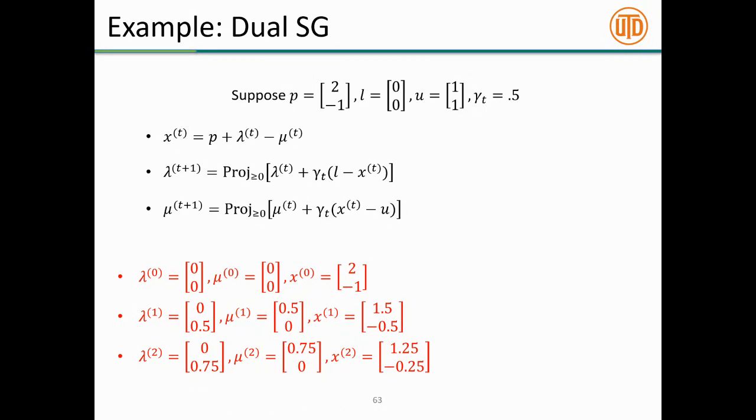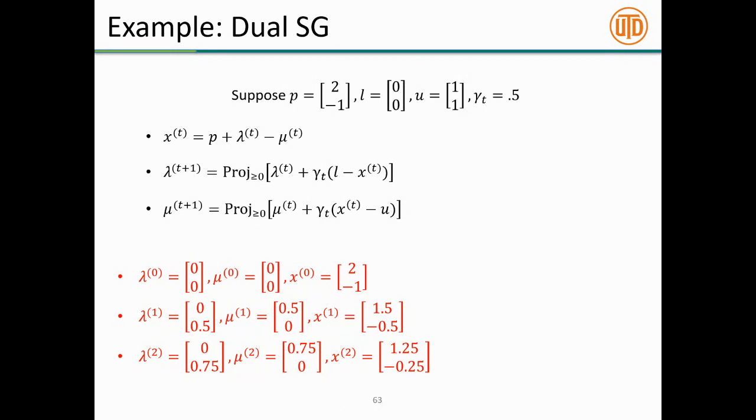I started off with lambda and mu equal to 0, and my initial guess for the projection is just (2, -1), which I get by plugging lambda equals 0 and mu equals 0 into the equation for x. So 0 minus 0 is 0, and I just get the initial point p.